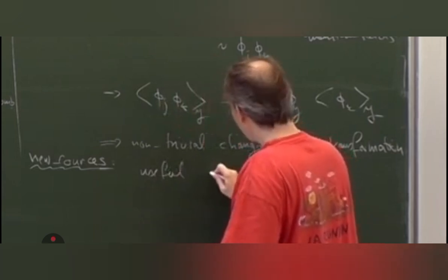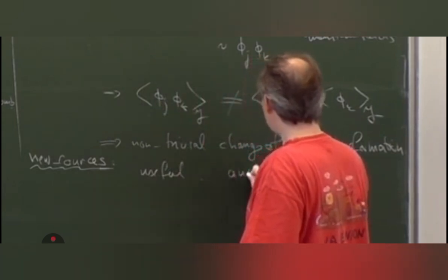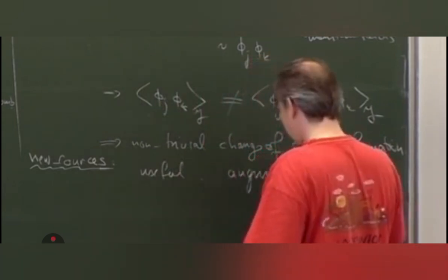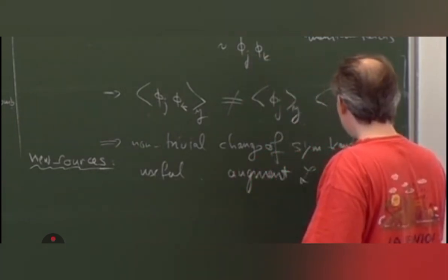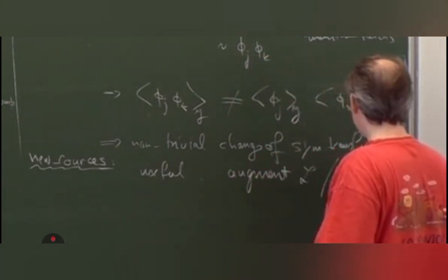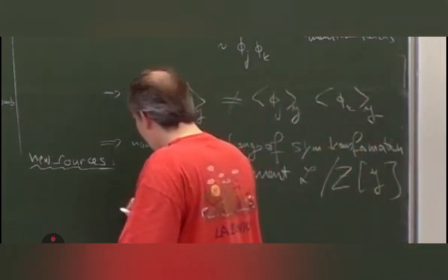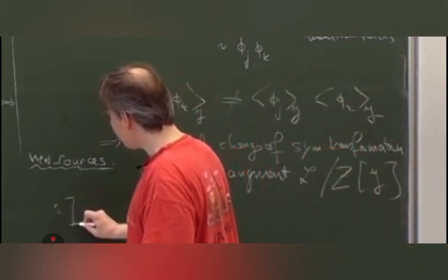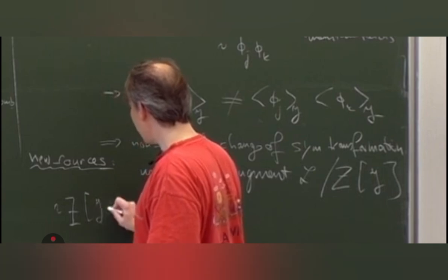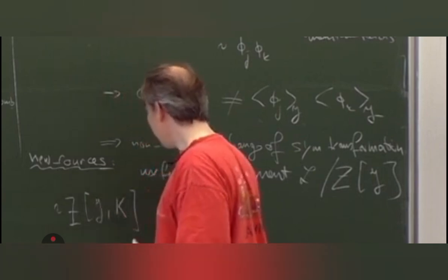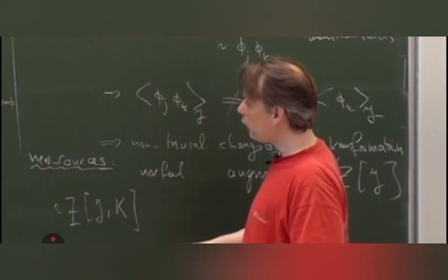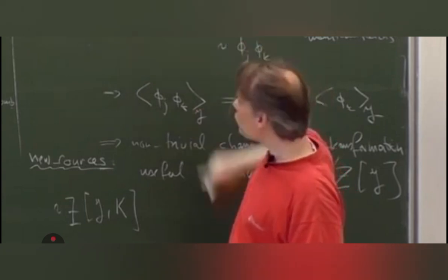We augment the Lagrangian, or respectively the generating functional Z of j, such that we now have a generating functional Z of j, k, with new types of sources k for those so-called composite operators.